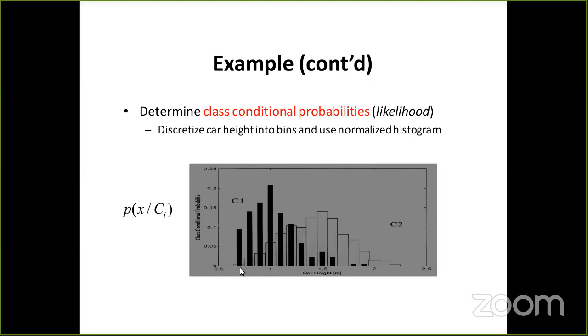Around a bin, say 0.7, we count the total number of cars and plot it on the y-axis. For height equal to 0.8, we count the total number of cars and put it on the y-axis. We do it for all of these bins separately for class 1 and class 2.